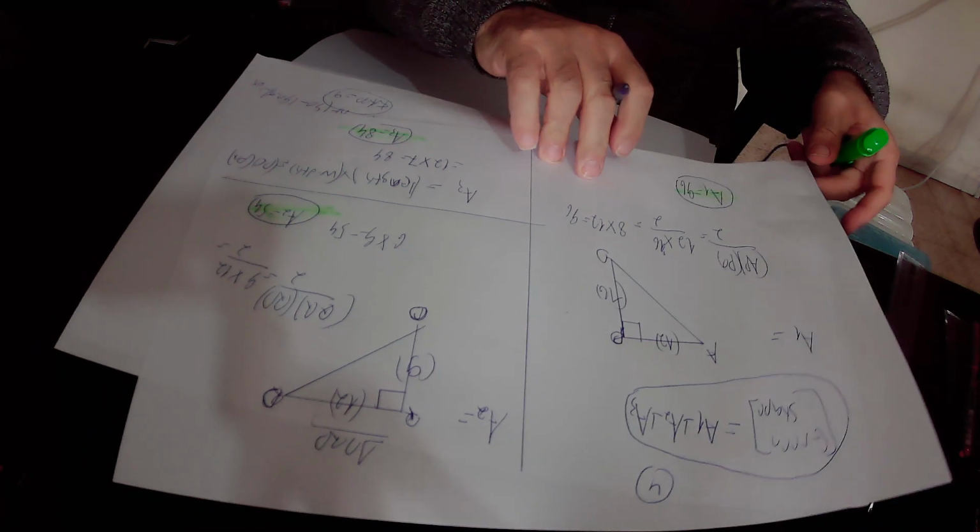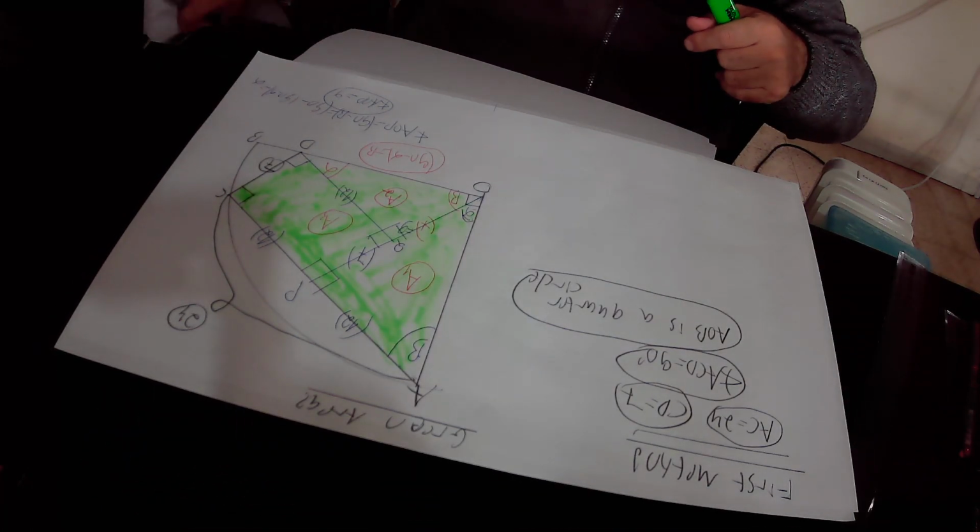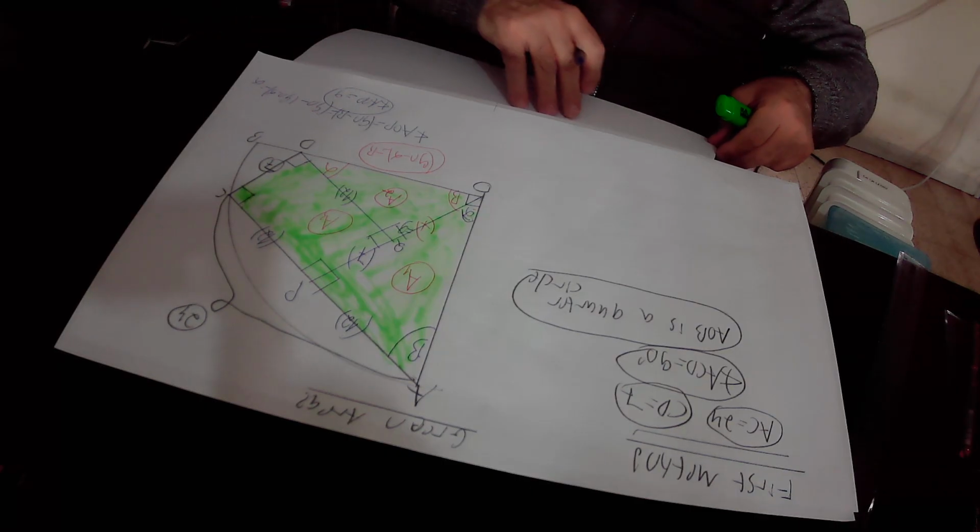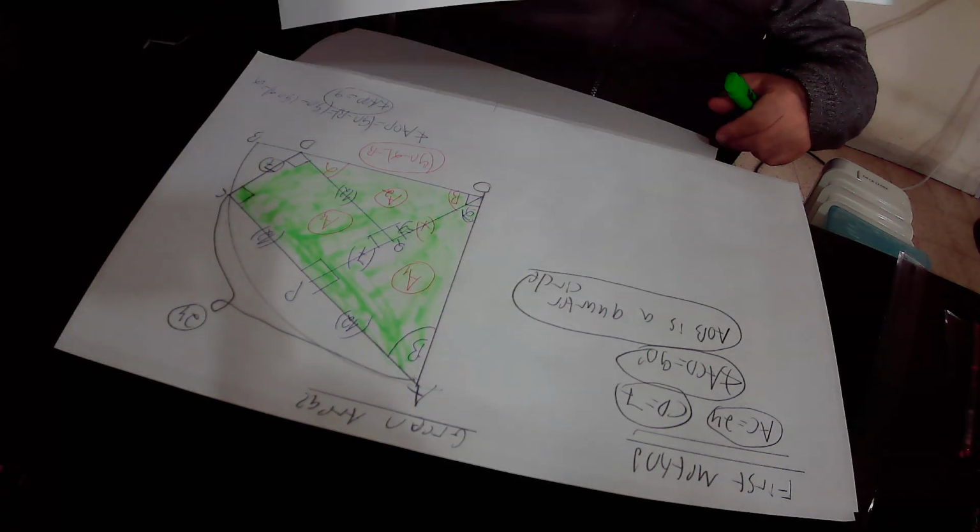And the total area of the green shape equals A1 plus A2 plus A3, as I already mentioned before.